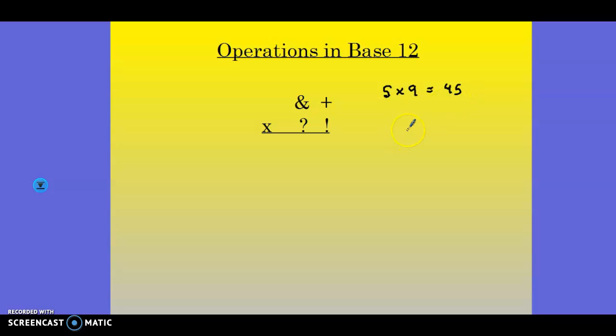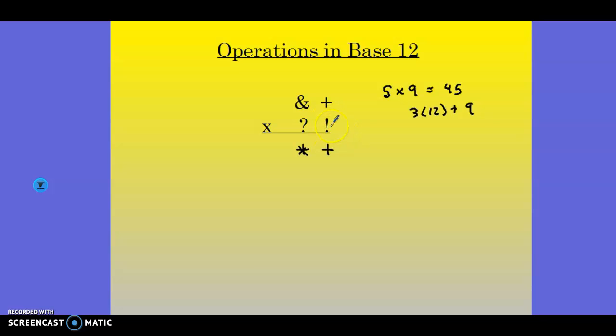And 45 is 3 12s, which is 36, and a 9. So you write the first multiplication of these two as 3 star and 9 plus.